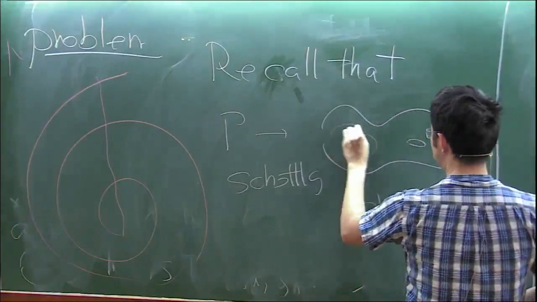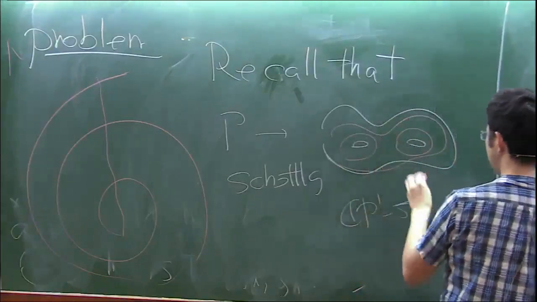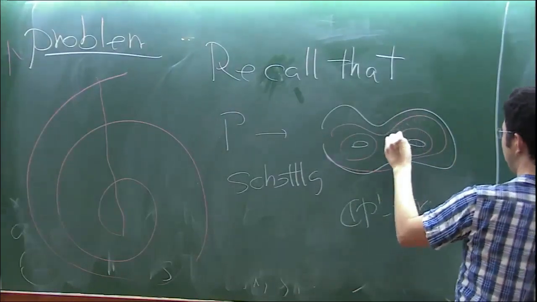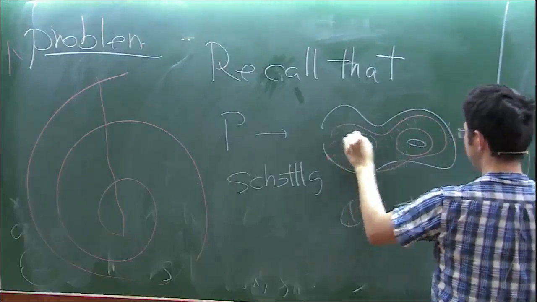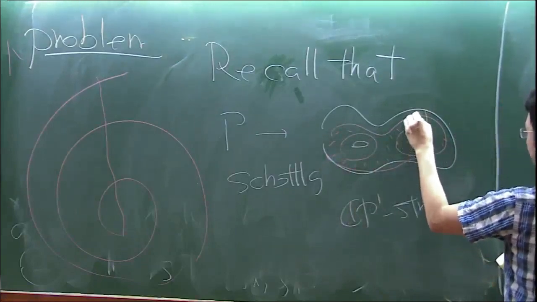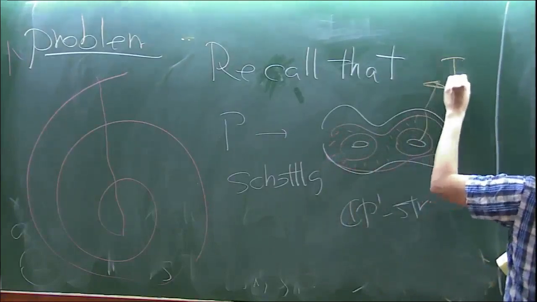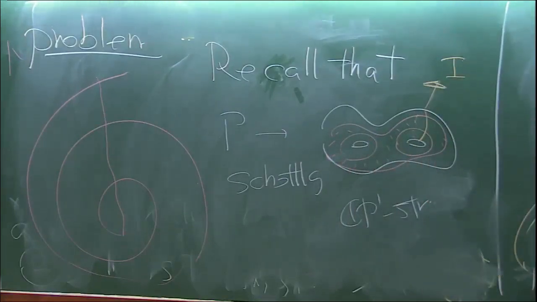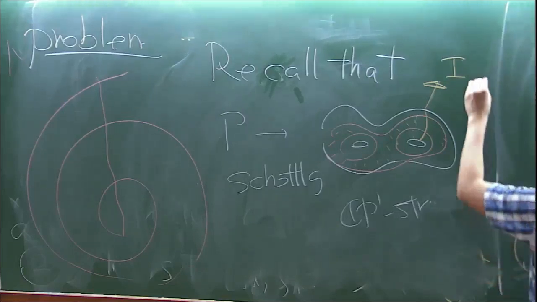We cut into pairs of pants. Okay, we have this pair of pants, but then there's a loop here that goes to the identity element in PSL2C under the holonomy.